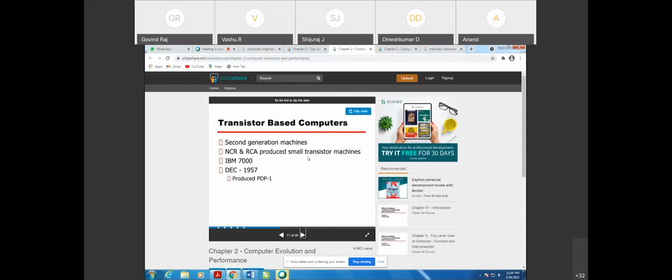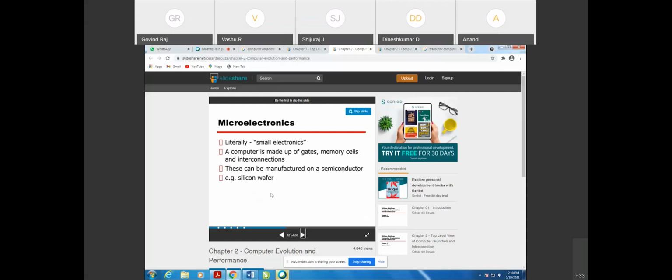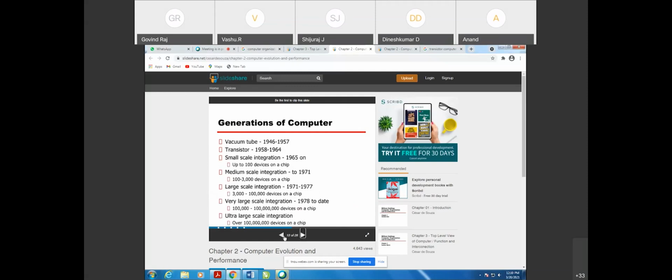So these small transistors are used for developing the arithmetic logic unit. And with the help of these transistors, small integrated circuits are developed in the third generation computer. Here, for the first generation computer, the period is 1946 to 57, transistors 58 to 69, and small scale integrated circuit from 1965, and medium scale integrated circuits.